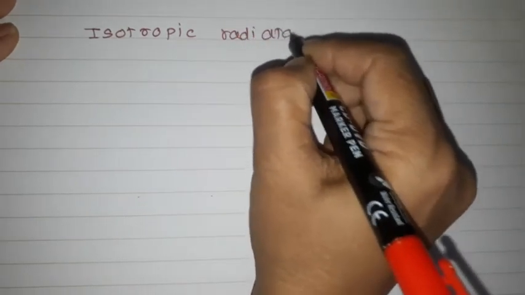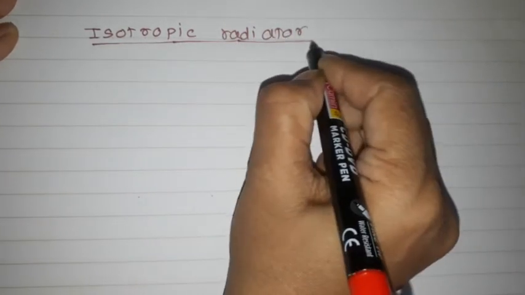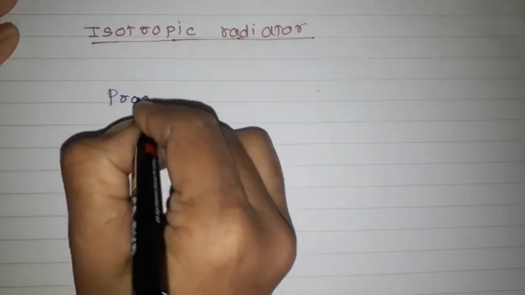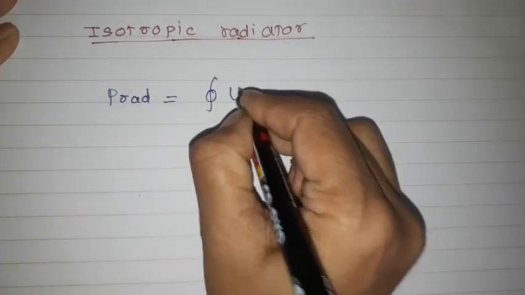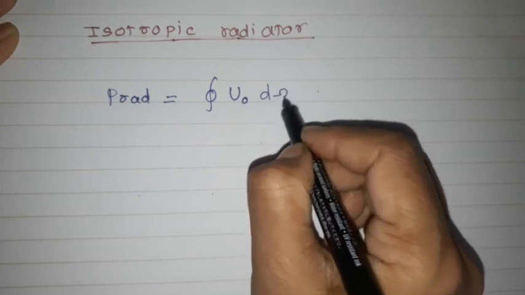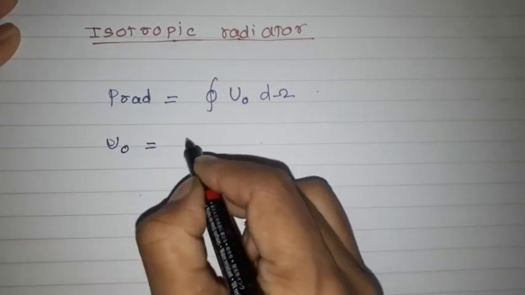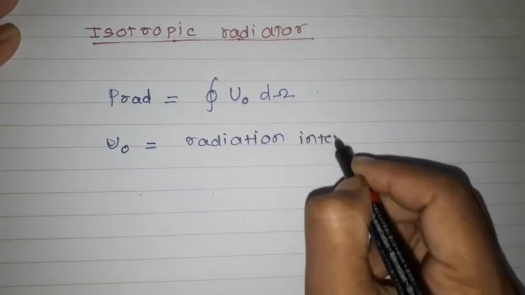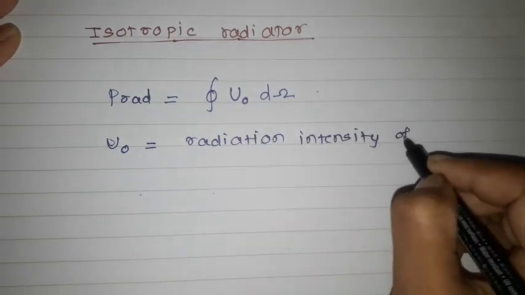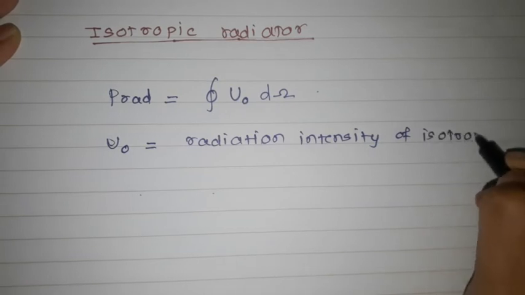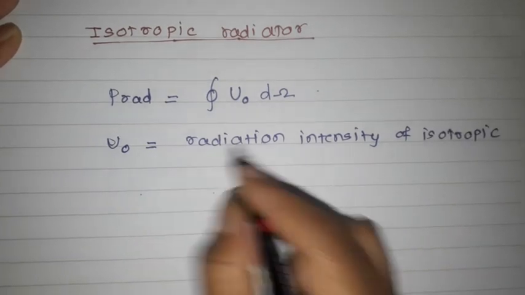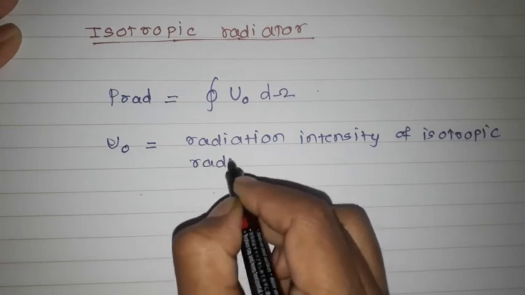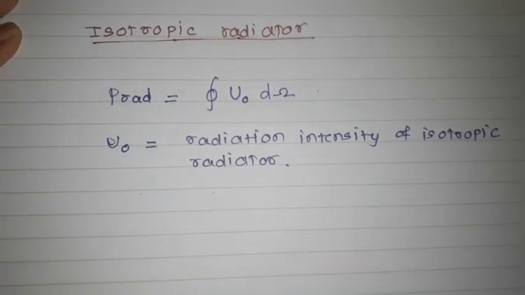So my assumption is that my antenna is an isotropic antenna, and I need to calculate the radiation intensity. It will be the integration of U0 d omega, where U0 is the radiation intensity of the isotropic antenna. How are we going to calculate this?